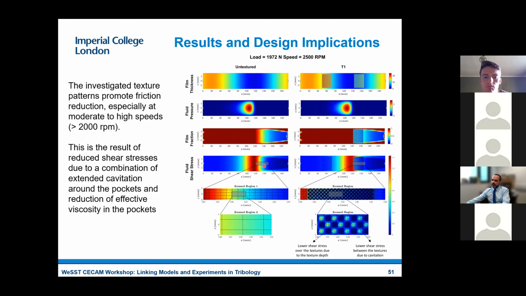If you look at the shear stress in the untextured case, it has a fairly benign variation, while obviously the introduction of texture exactly where the cavitation starts changes the scenario completely. You get a lower shear stress in the texture due to the larger depth of fluid, and then you actually have lower shear stress also between the textures because you have cavitation starting.